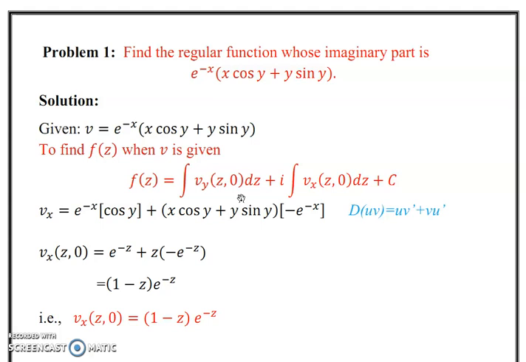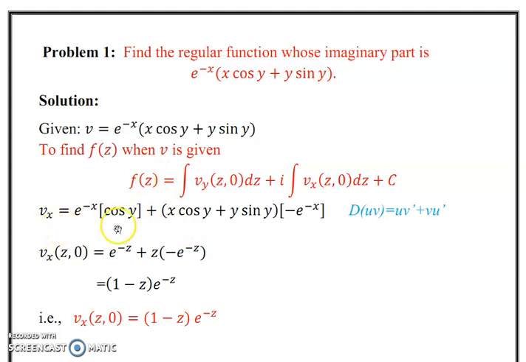So here you want to find vy of z comma 0 and vx of z comma 0 by using v. So you use the uv method. Differentiation of uv is uv dash plus vu dash. Here u is e power minus x and v is x cos y plus y sin y. Now we take the derivative.